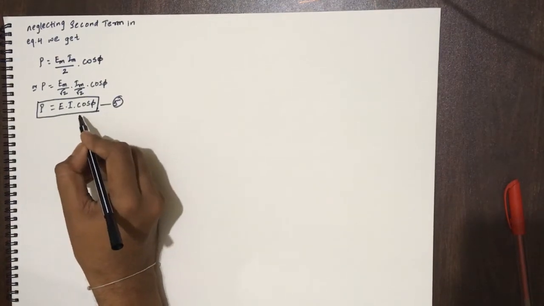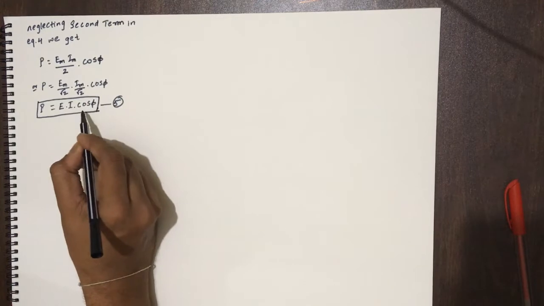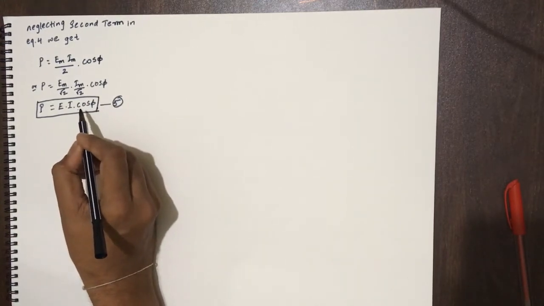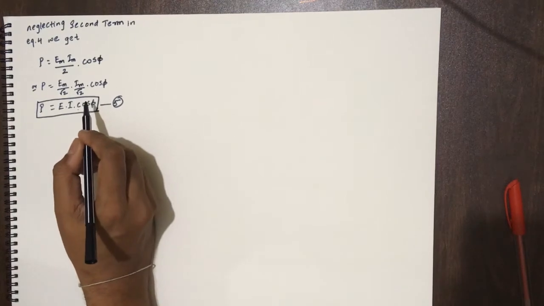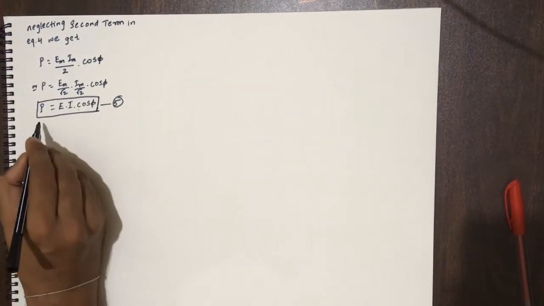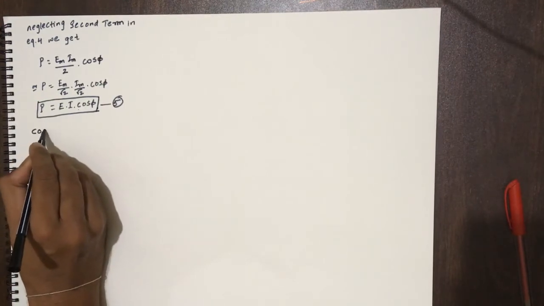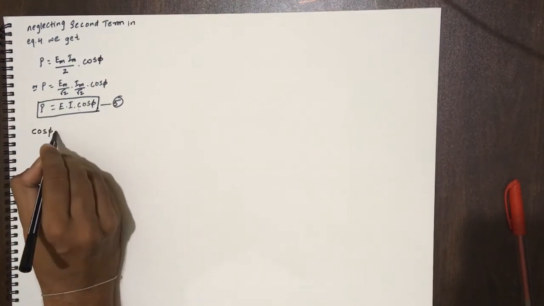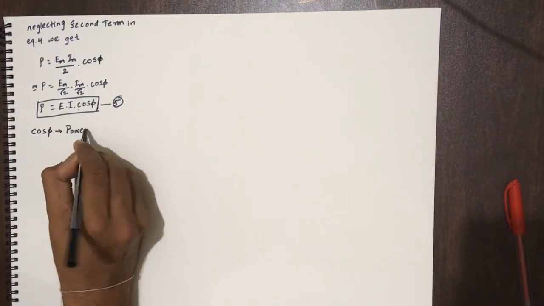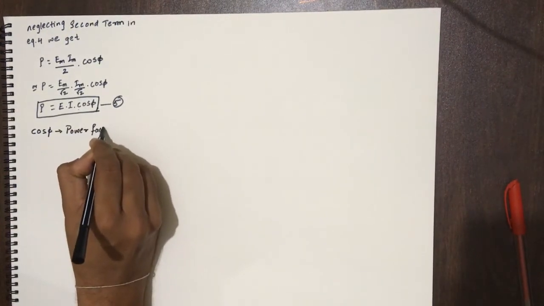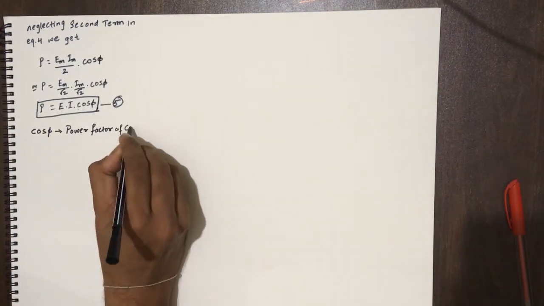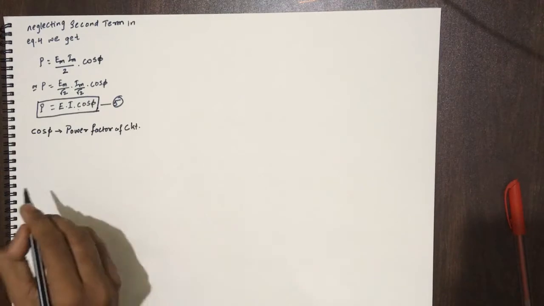Now we will see what is the significance of this cos phi, what it means, how important it is, and what it gives us. So from this equation, cos phi is known as the power factor of the circuit.